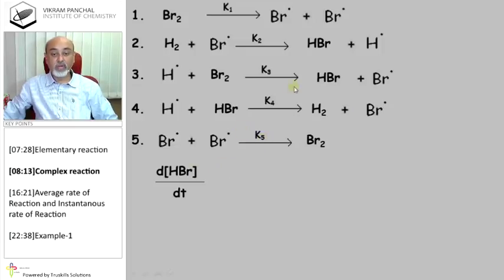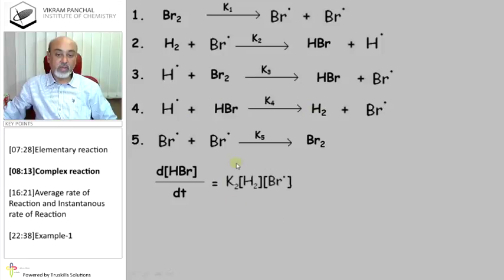Now, if we want to write the differential rate law for the production of HBr, then d[HBr]/dt is equal to, see, in these two reactions, HBr is a product, so these two will be positive. In the fourth reaction, HBr is a reactant, so this will be negative.